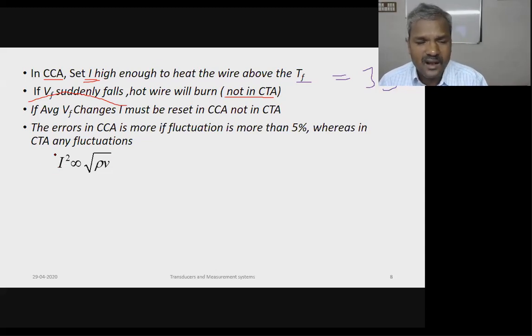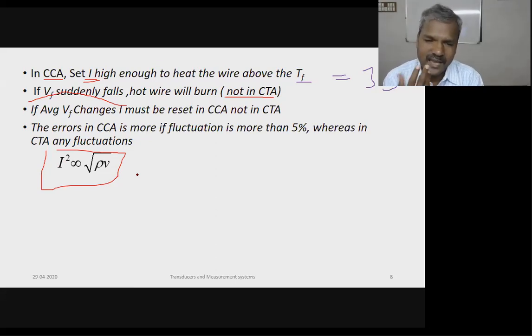Apart from the relation between current and velocity, one more parameter depends on the current variation, because the fluid, either gas or liquid, has some density.